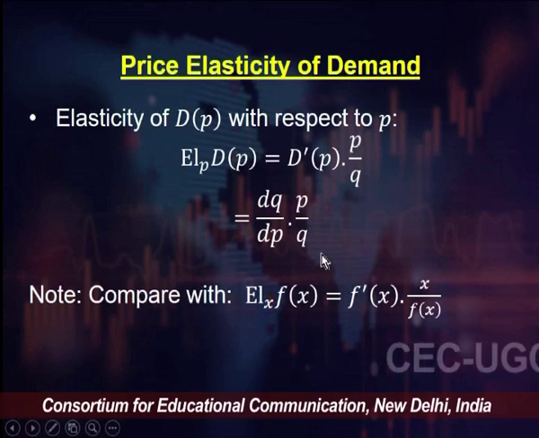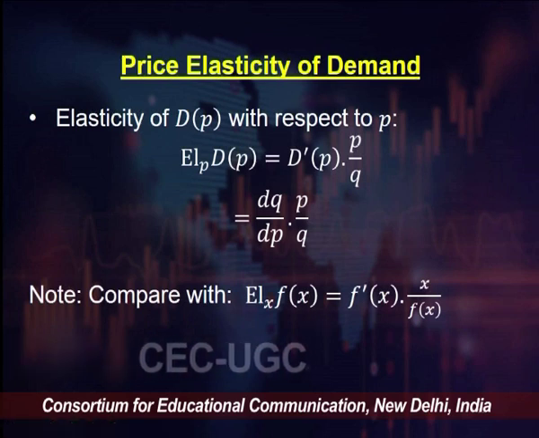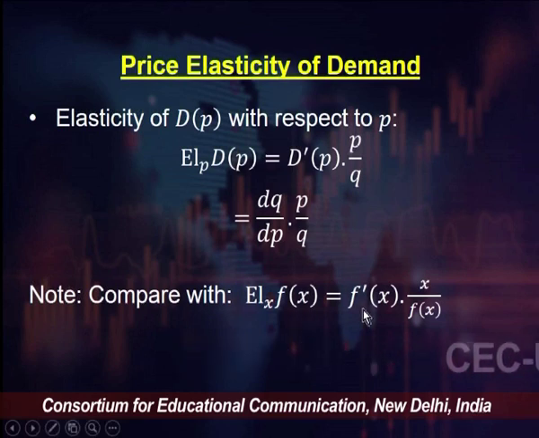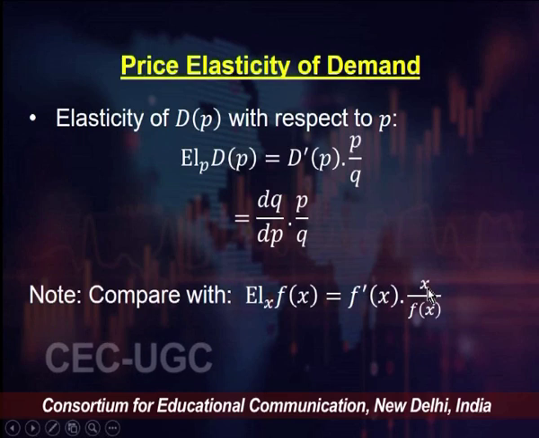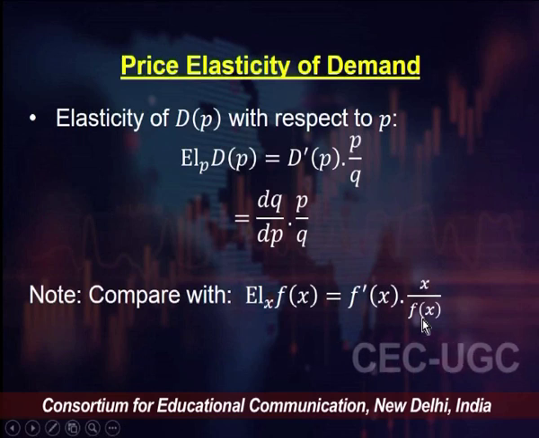And now let's just compare this. If you look at the definition that I started out with in the beginning of the video, we said that the elasticity of a function f of x with respect to x is given by f prime of x times x, the variable with respect to which you're calculating elasticity, divided by f of x.